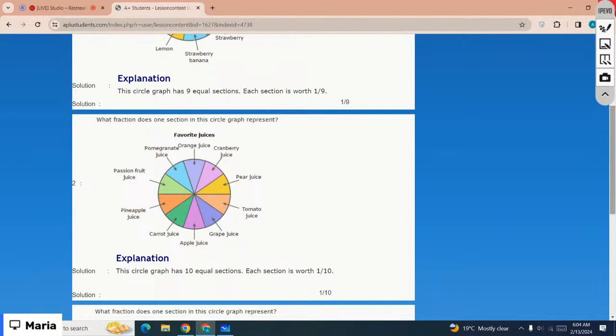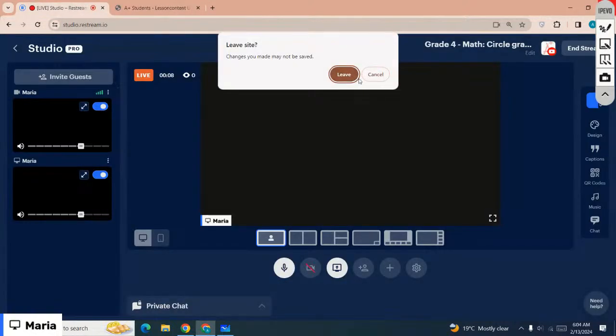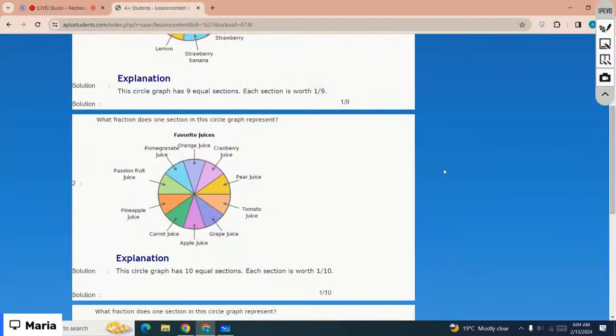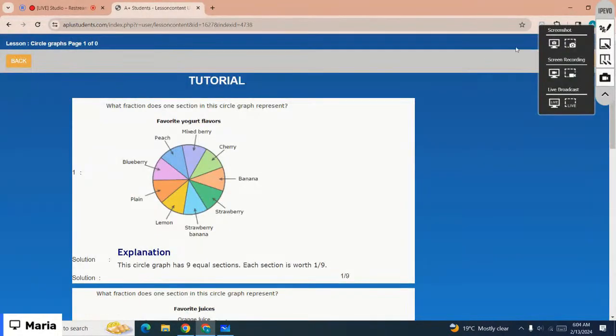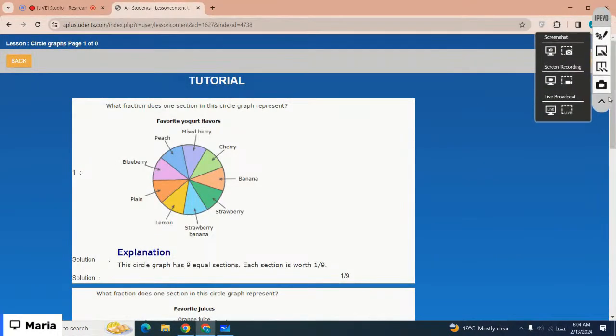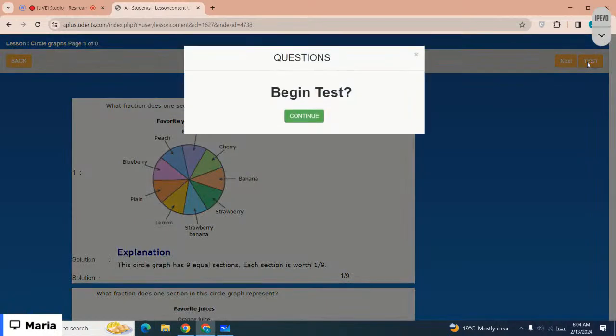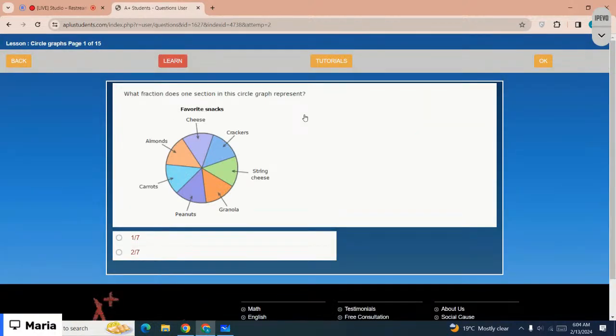Let's start with the test questions. Okay, what fraction does one section in the graph represent?